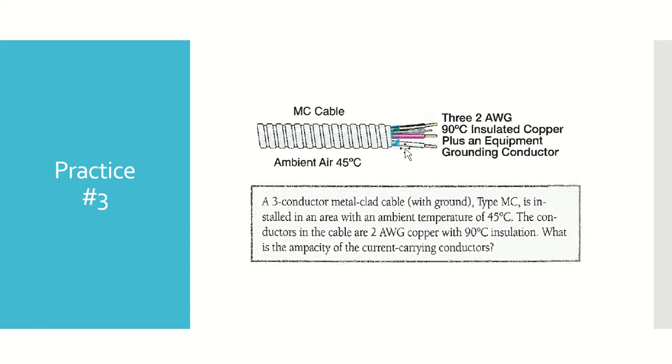So we don't need to count if it's just carrying the unbalanced current. Shall not be counted, so not counting it. Which in this example, we're actually not sure what that guy's doing.